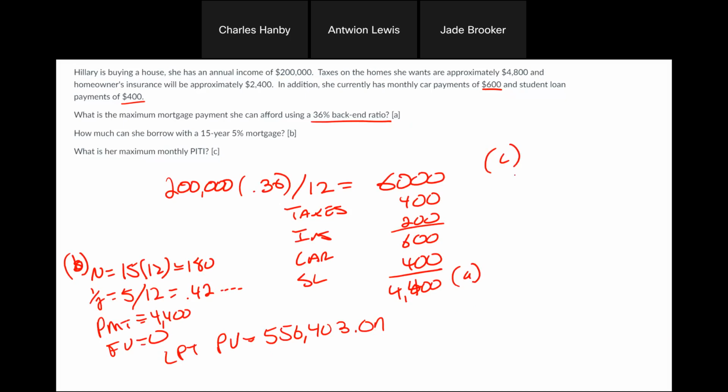That's 600, so that would be $5,000 a month, the maximum principal, interest, taxes, and insurance. Any questions?